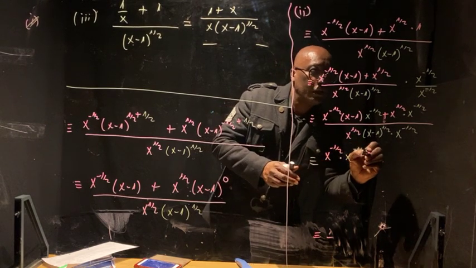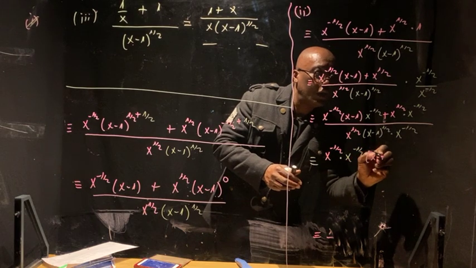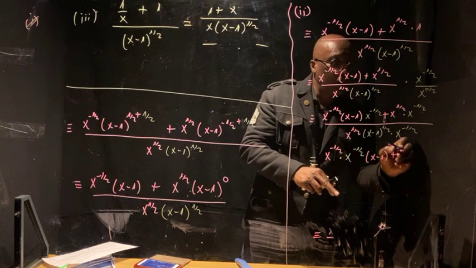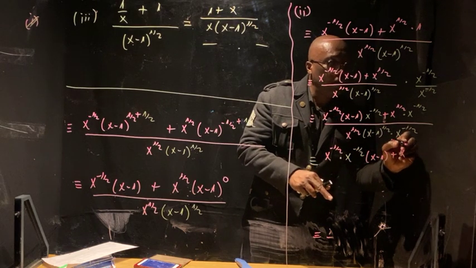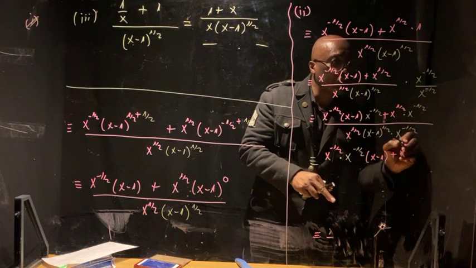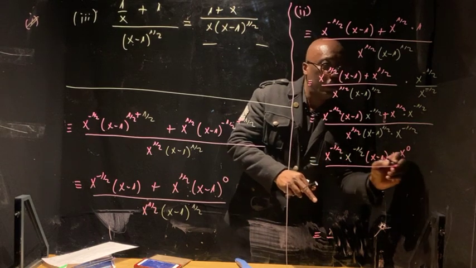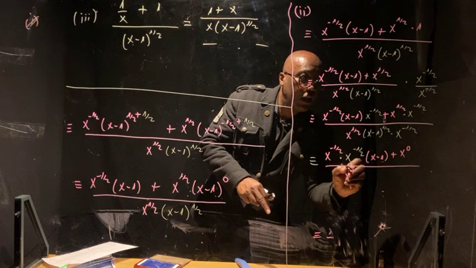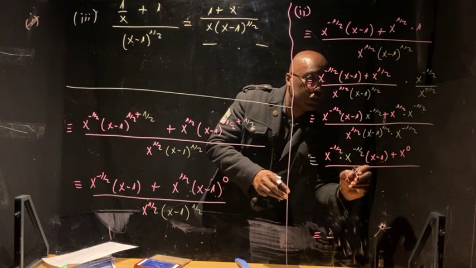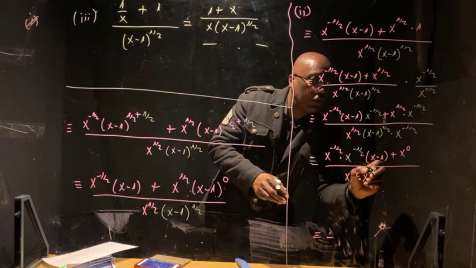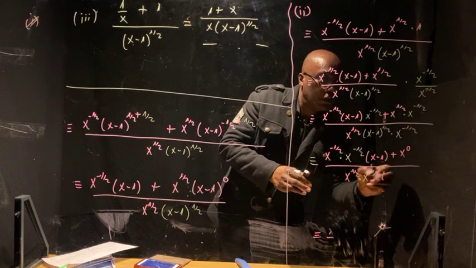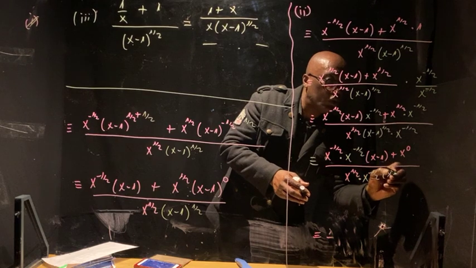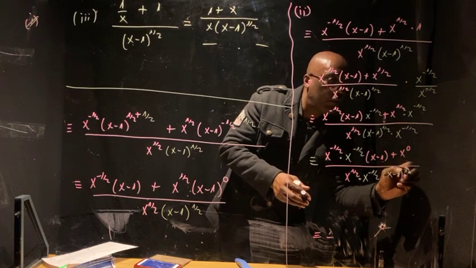And we have here x minus 1, and we plus x raised to the power negative half plus negative half is equals to 0. All over, we are bringing this one here, x raised to the power half times x raised to the power negative half multiplied to x minus 1 raised to the power half.